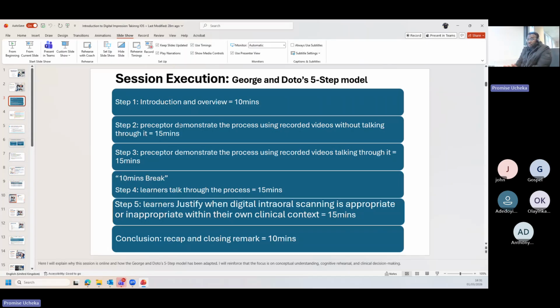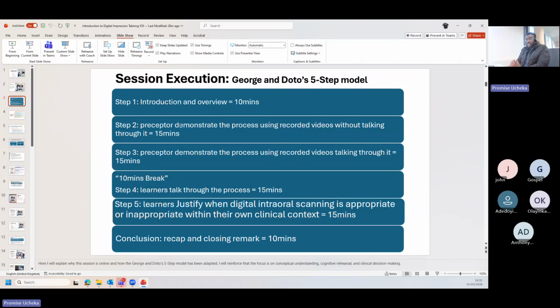We're going to watch a few recorded videos. I've sourced very useful videos on YouTube to demonstrate the process of intraoral scanning, and this will replace me physically having you all in a clinical setting and showing you how to do intraoral scanning.